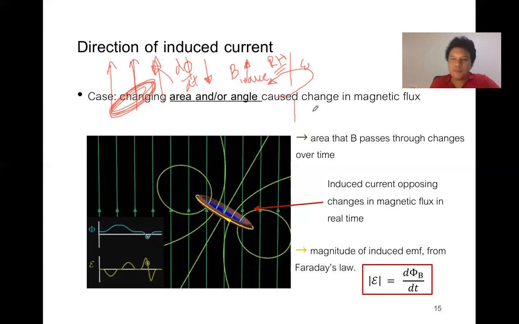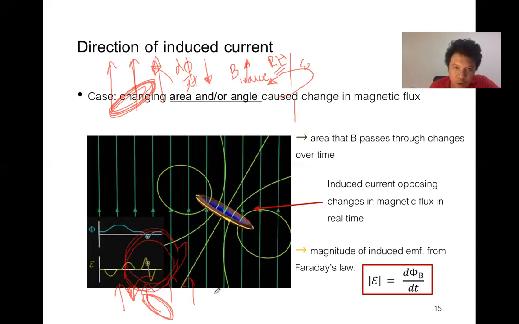Okay, but for the other half of the motion, when you have the magnetic field turning up like this, the coil is turning up in this direction.